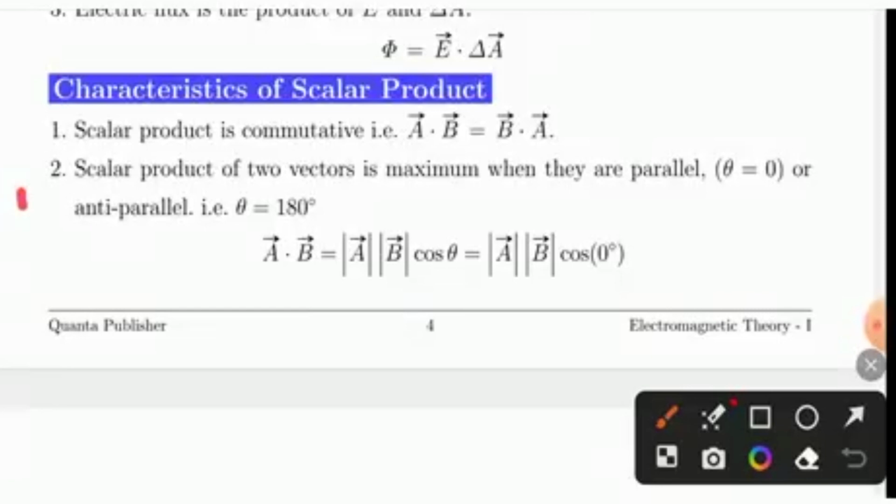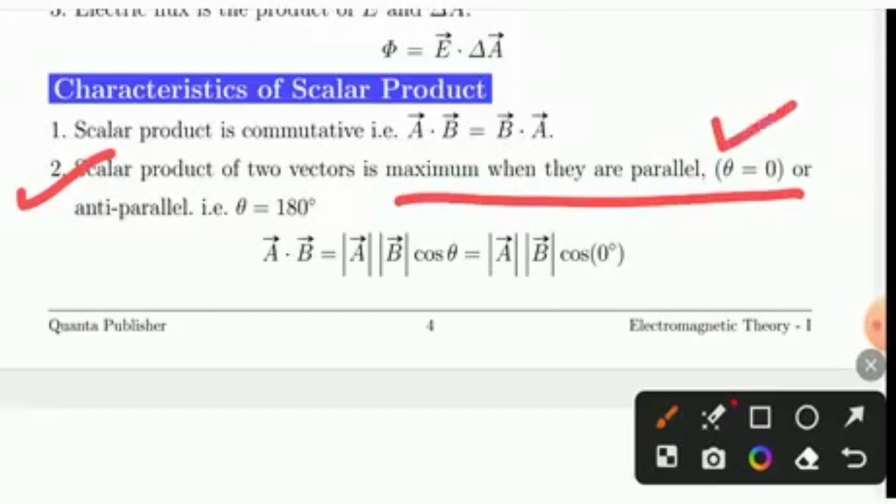And the second one is that the scalar product of two vectors is maximum when they are parallel, meaning the angle formed between the two vectors is 0 degrees. Using this property, we can place an angle over here.